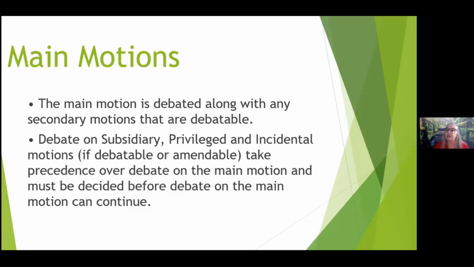You will see it occasionally at the state meeting or at the national meetings, where somebody comes up with a question of, this is a fiduciary item. Are our student members allowed to vote on it? Because there's some things that student members can't do because of the age that they're not allowed to make some fiduciary decisions. So that would be a debate on an incidental, to come back and find out what's going on with that.